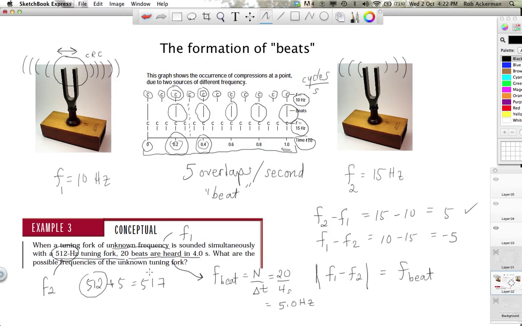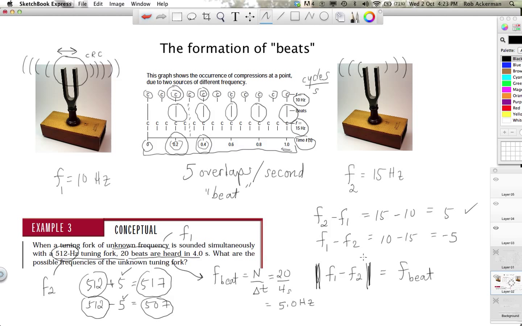These two frequencies of tuning forks would give you the 5 Hertz beat frequency. But then again, so would 512 minus 5 equal to 507. These two frequencies, 507 and 512, would also give you 5 beats. The positive or the negative doesn't matter, and that's where the absolute value sign in the equation comes into play.